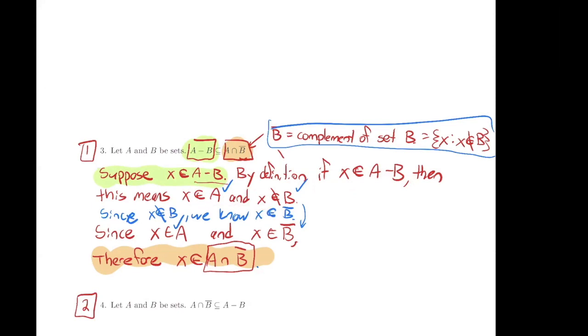And as you're writing out these proofs, you're welcome to use the notation, or you're welcome not to. You're welcome to say, this means X is an element of A. You don't have to use those symbols if you don't want to, but it's certainly important to be able to read them in case somebody else is using them.